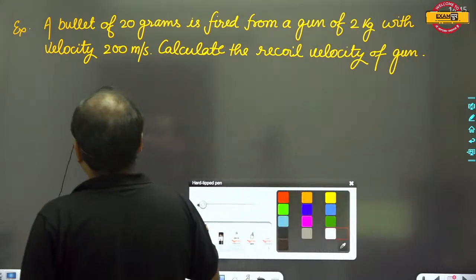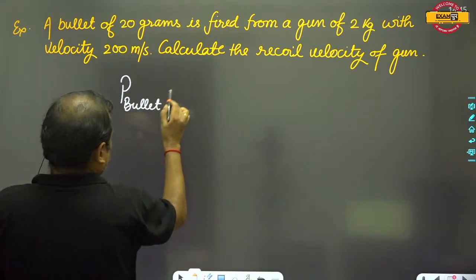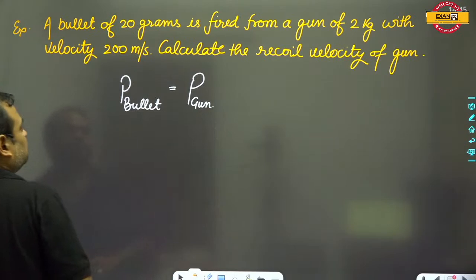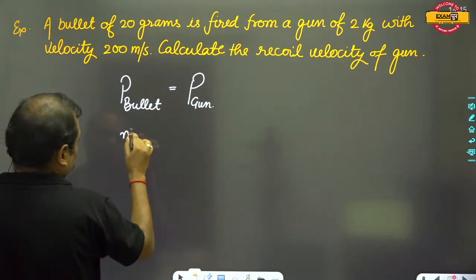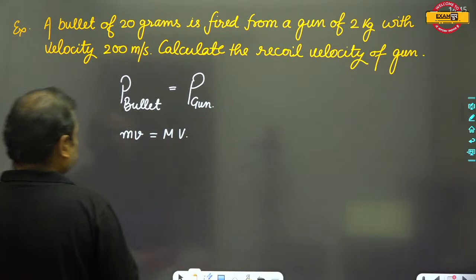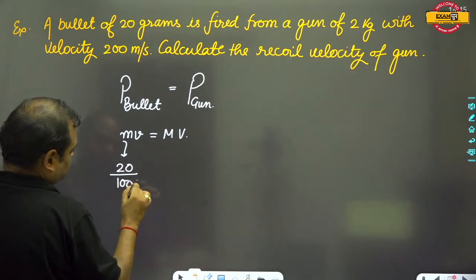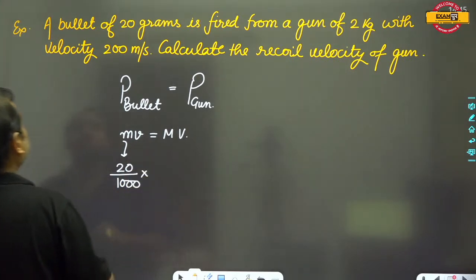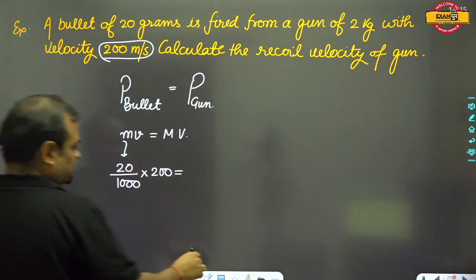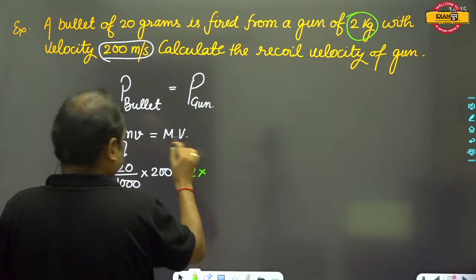We have already gone through the concept of this, that the momentum of the bullet will be equal to the momentum of the gun. So mv will be equal to capital M into capital V. So mass m of the bullet, 20 grams, means 20 upon 1000, into v, which is 200 meters per second. Capital M means 2 kilograms, into V.